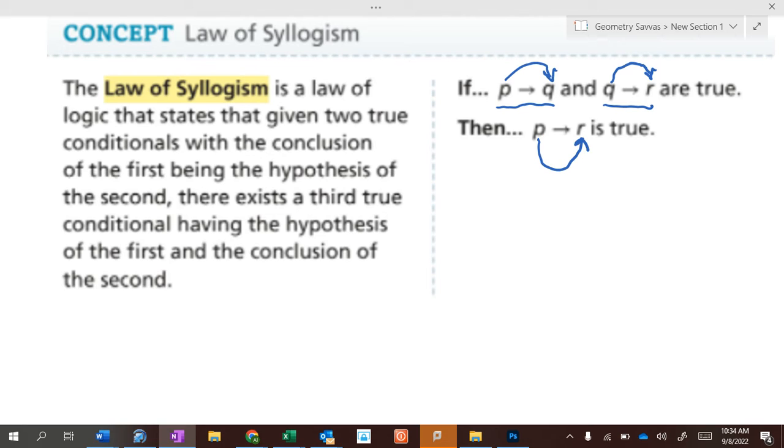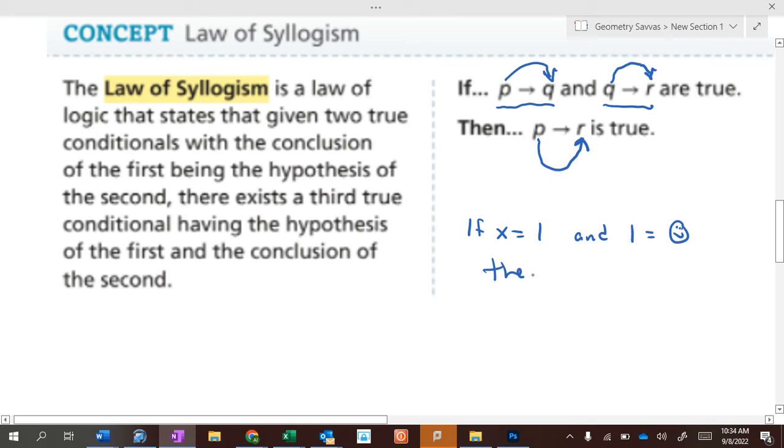It's a little long, a little complicated, but it's very straightforward. So if x equals 1 and 1 equals a smiley face, then what do we know about x? It equals a smiley face.